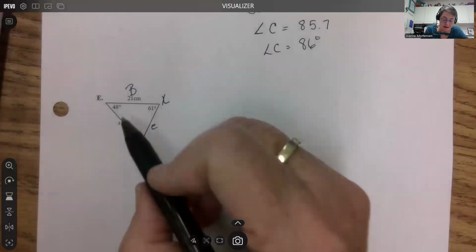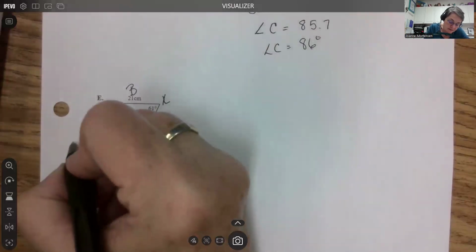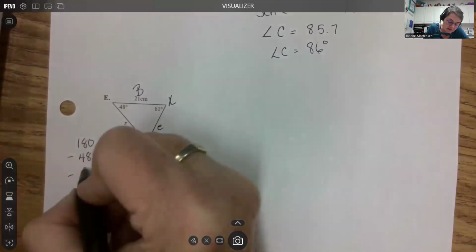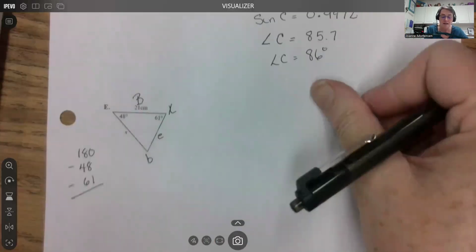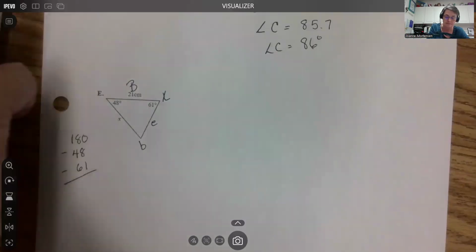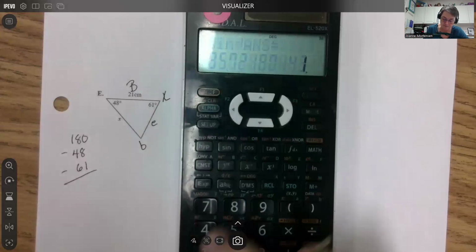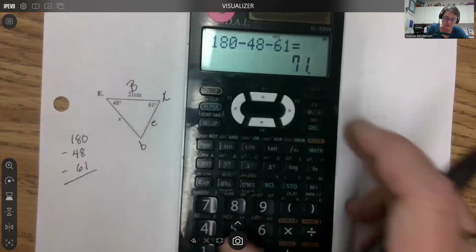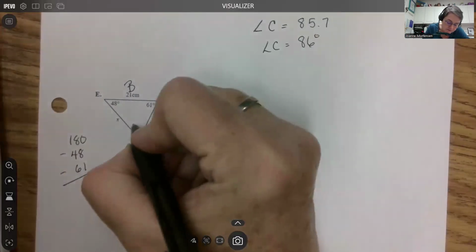I got 2 angles. 180 minus 48, minus 61. I'm just going to do it right away. Minus 48, minus 61. Gives me 71 degrees for down here.